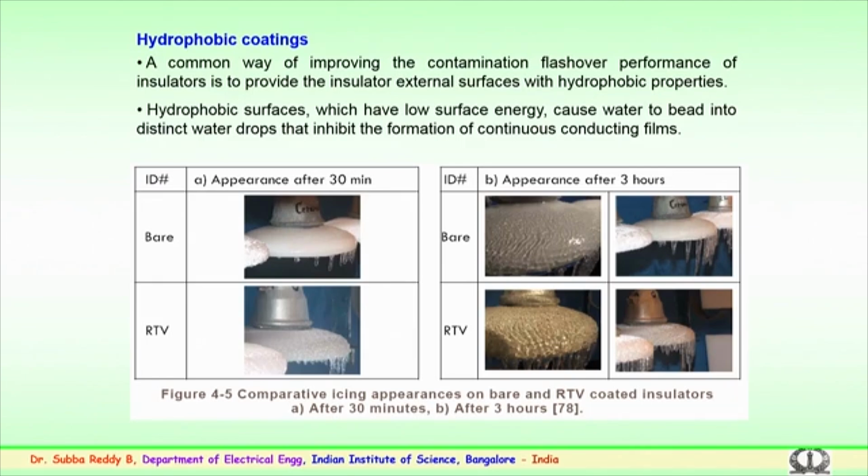Hydrophobic surfaces, which have low surface energy, cause water to form distinct beads or droplets that inhibit the formation of a continuous conducting film.